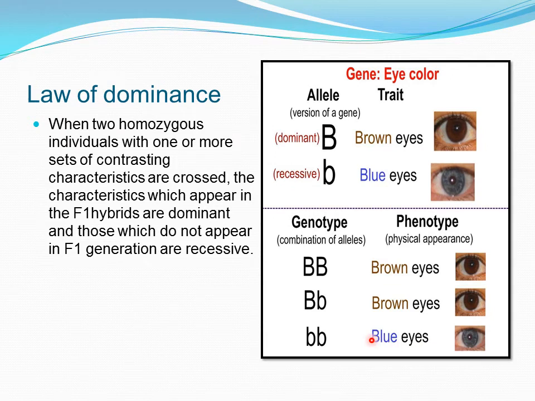Keep in your mind that in the F1 generation, when a crossing between a dominant brown eye and a recessive blue eye is happening, all the children will have brown eyes, though genetically we can say that they are heterozygous, having a recessive allele of blue eye, but this is not showing its character. So this is how we can say that it is the law of dominance.